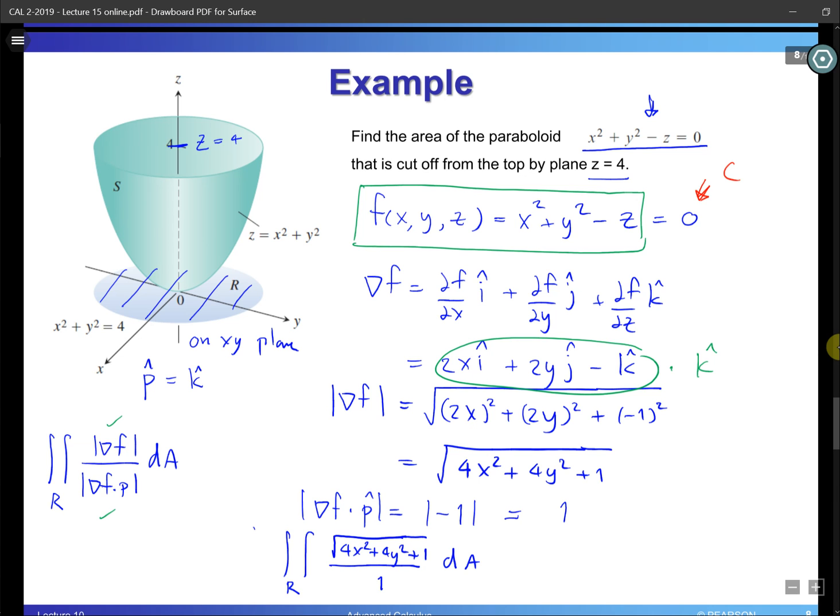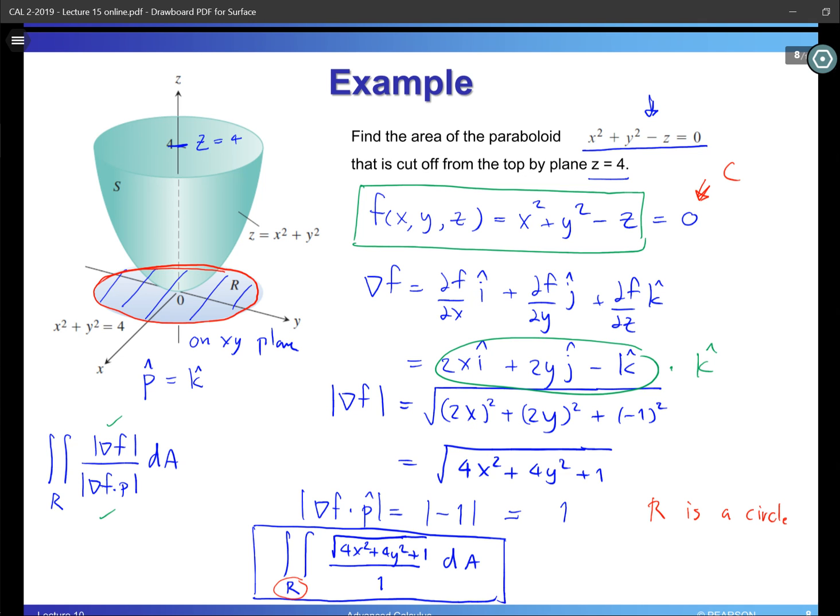Now we need to do this, but before you continue, I want you to pay attention to this domain region R. As you can see here, the shape of this domain region R is a circle. Which means that if you use the Cartesian coordinates to perform the double integration, it's going to be hard to do. Alright?